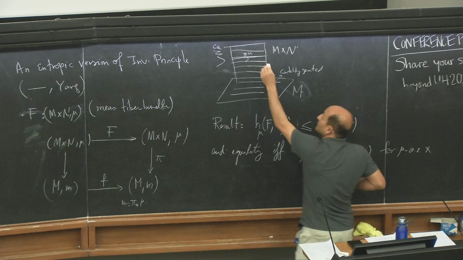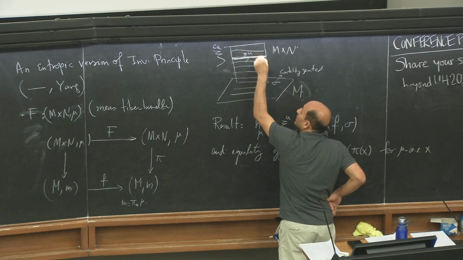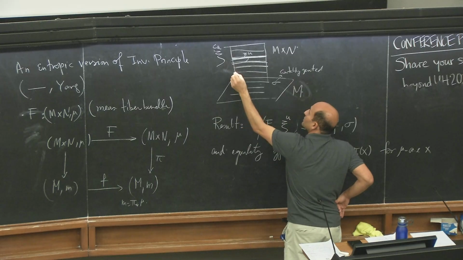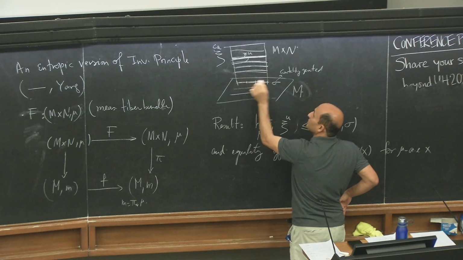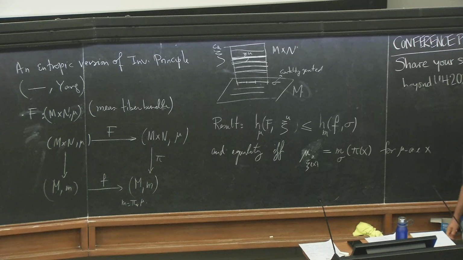So the measure sitting on any unstable plaque is exactly equal to the measure that you have on the projection.